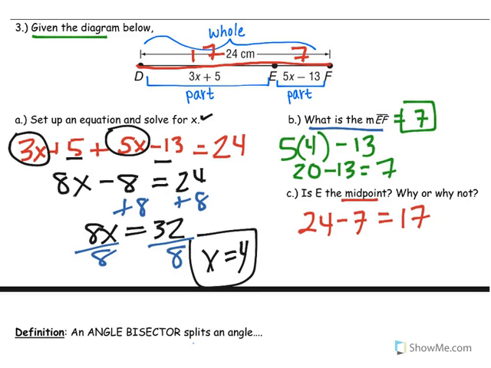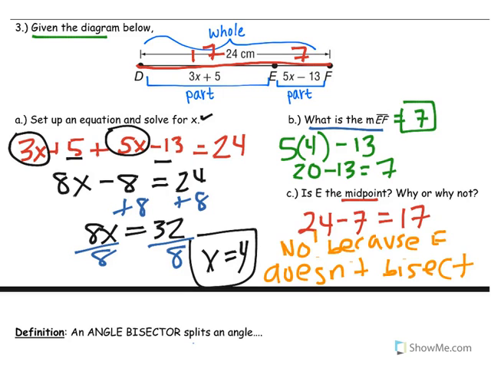Are they equal? I don't think so, right? DE is way bigger than EF. So can E be the midpoint? And the answer there is no. E is not the midpoint, because E doesn't bisect, excuse my handwriting, sorry, DF.